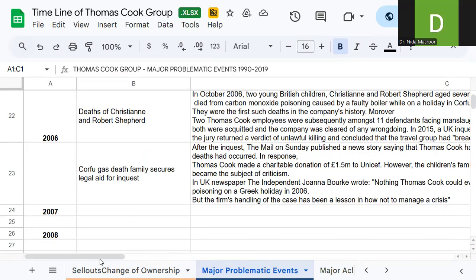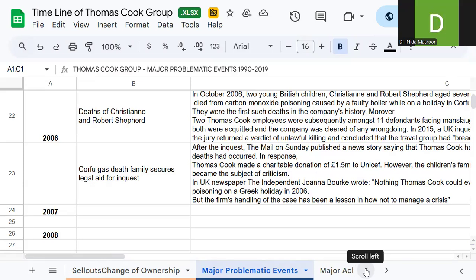So this is how we were able to extract these kinds of details and information. When we get back to the main timeline, we would be able to understand the order or hierarchy of these incidents, how the company dealt with the incident, and how things were affected after the deaths of Christine and Robert.